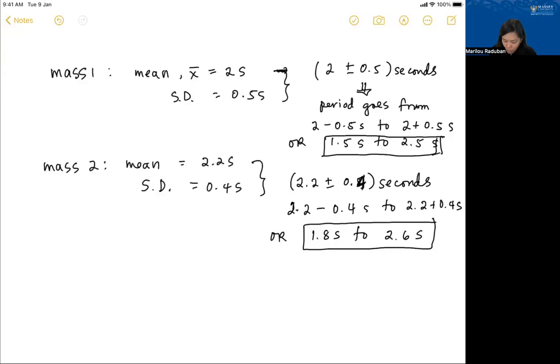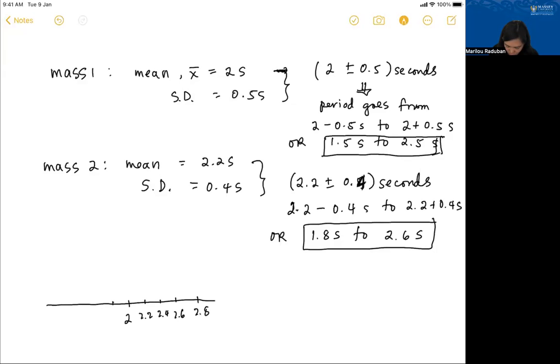So if you plot this, say that's 2, for example, that's 2.2, 2.4, 2.6. What's our biggest one? 2.8.